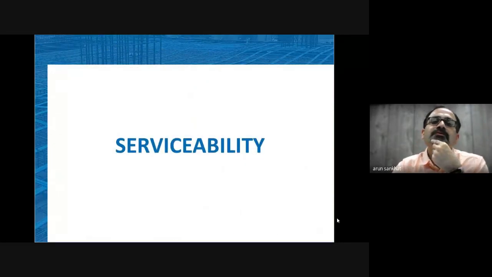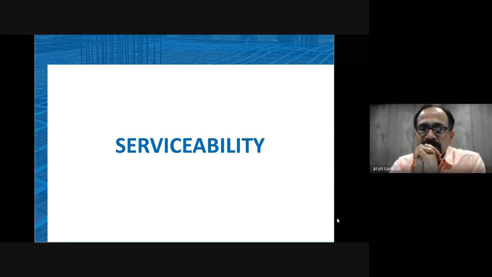Now coming back to the serviceability aspect. This is important while designing. In the present scenario, most designers are concerned about the ultimate limit state of collapse.